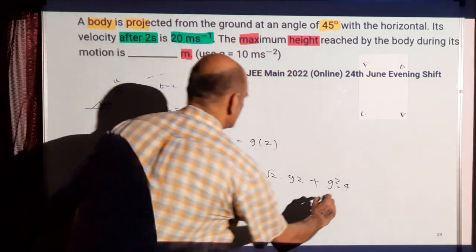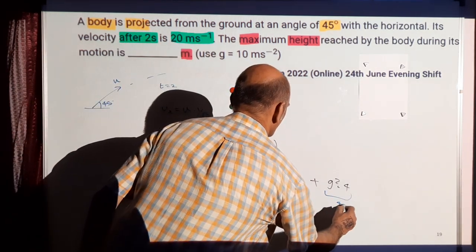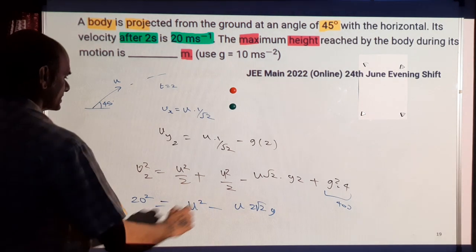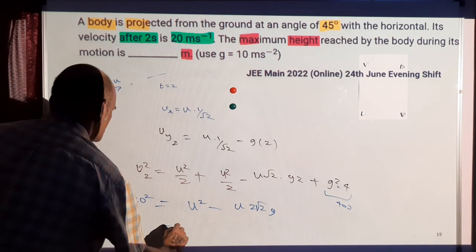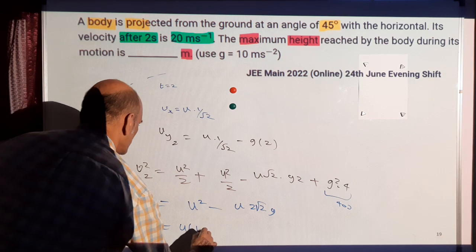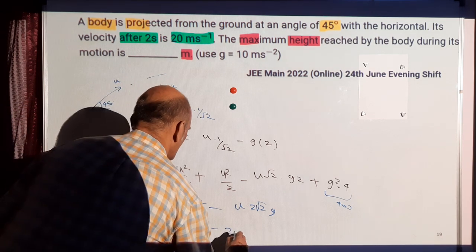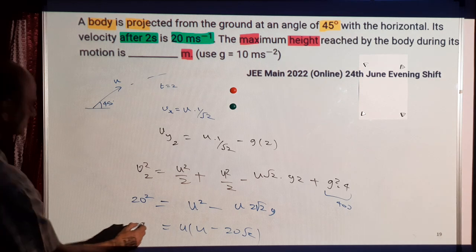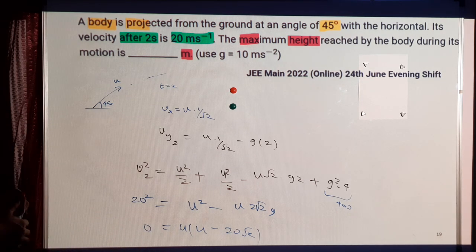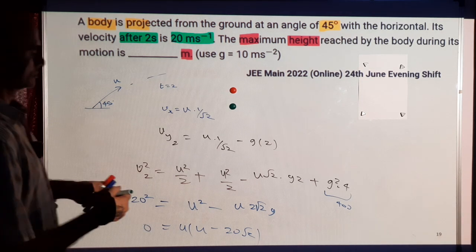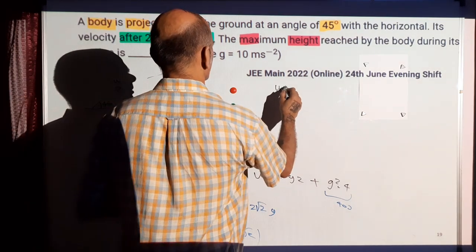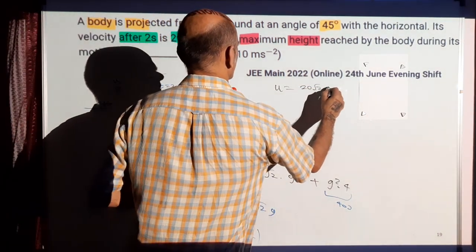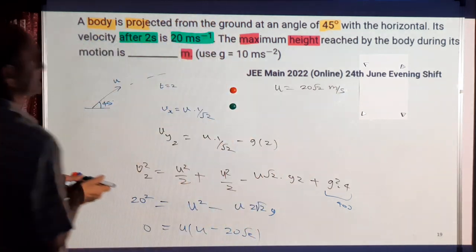This is 400 and this is also 400, so these two will cancel. So this will give me u into u minus 20 root 2, with g as 10, equal to 0. So u is 20 root 2 meters per second.